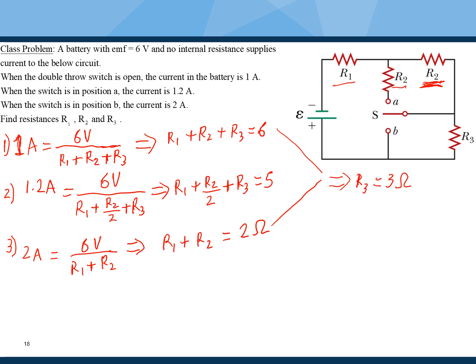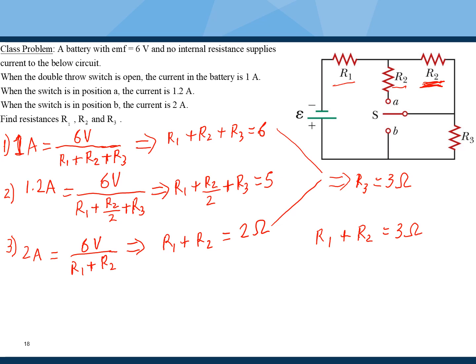So R3 is immediately known, and R1 plus R2 should together be equal to 6 minus 3, which is actually equal to 3 ohms.